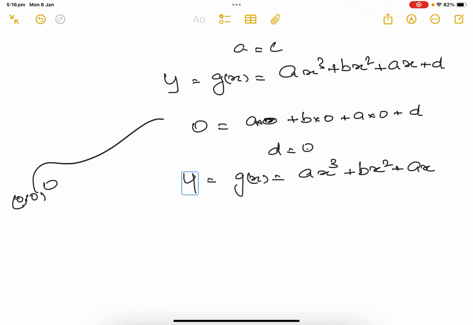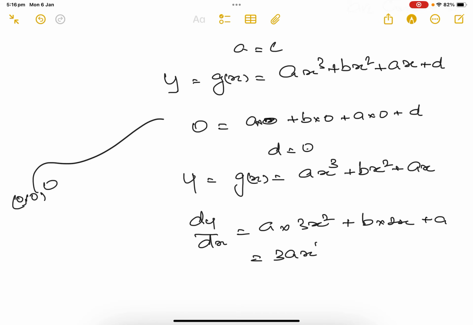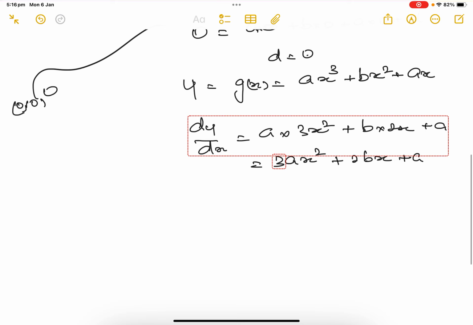So before we go further, let's differentiate. dy over dx equals a times 3x squared plus b times 2x plus a, which is 3ax squared plus 2bx plus a. The differentiation of y is the gradient.